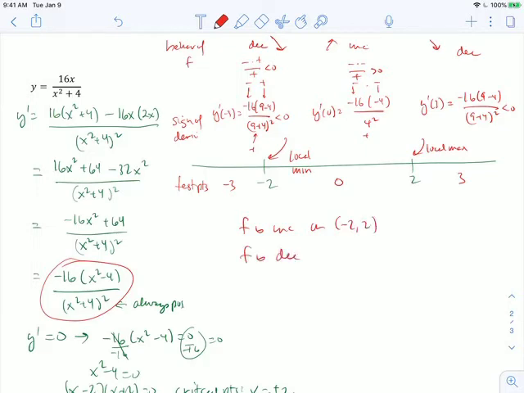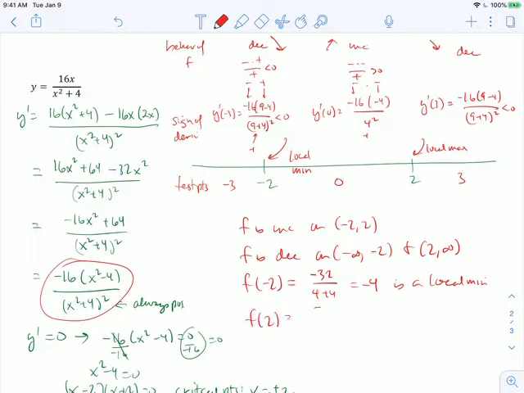F is decreasing for numbers less than negative 2 and bigger than 2. F of negative 2, which is negative 32 over 4 plus 4, that's negative 4, I believe, is a local min. And f of 2, which is 32 over 4 plus 4, and that's positive 4, is a local max.